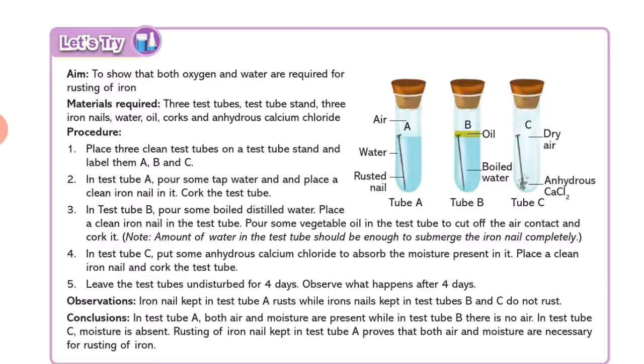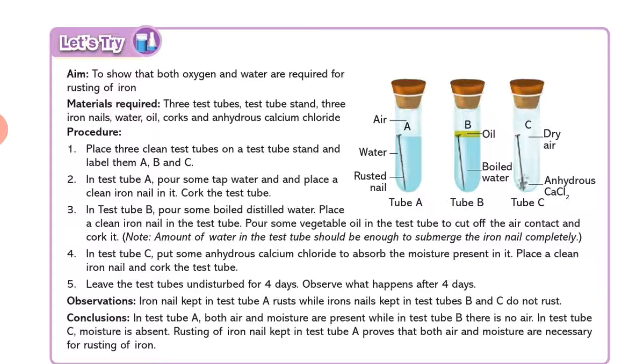In test tube B, pour some boiled distilled water. Place a clean iron nail in this test tube also. Pour some vegetable oil in the test tube to cut off air contact and cork it. The amount of water in the test tube should be enough to submerge the iron nail completely.